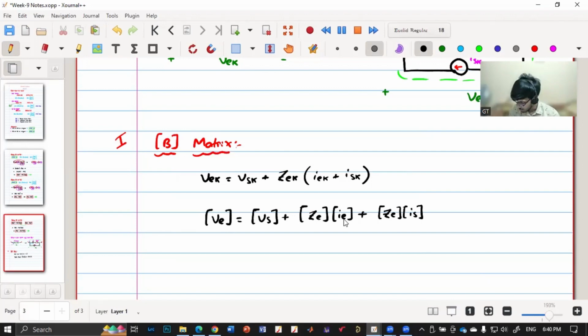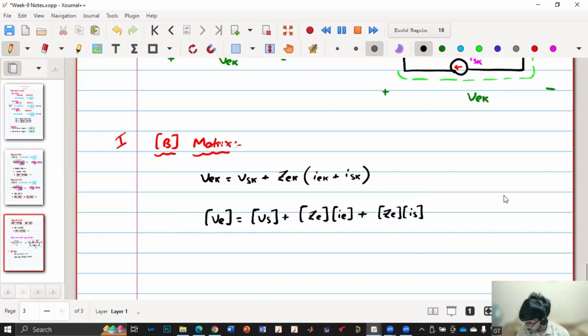Yes, sir. Okay. Now let me keep this in the right bottom side. Now what I will be doing is multiplying with the B matrix here as well as here. So we'll be multiplying with the B matrix.